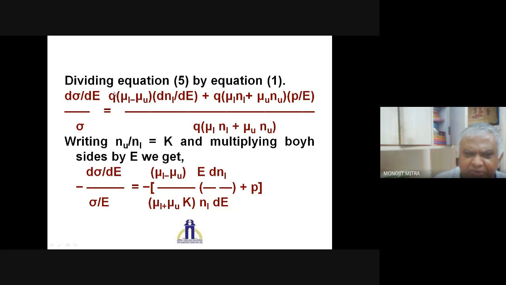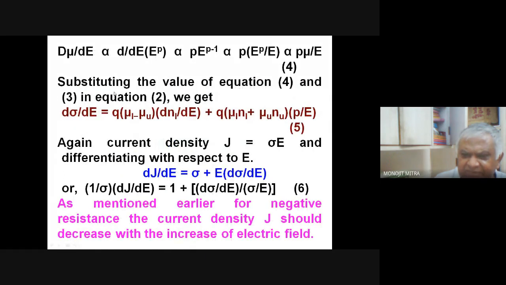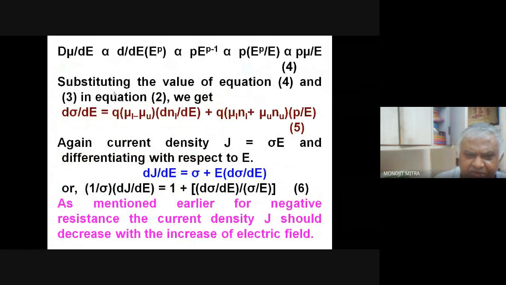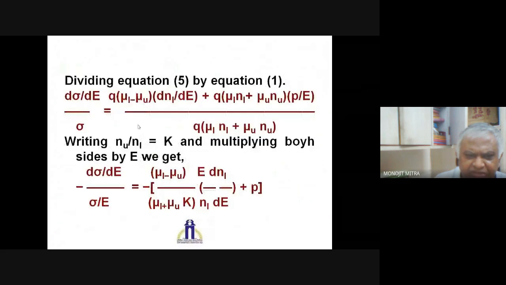That means dividing equation 5 by equation 1. What are we getting? We are getting this one. And now we are going to write nu/nl, because from here we will take nl common.